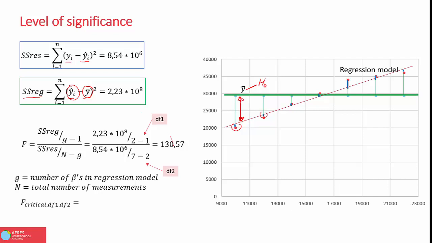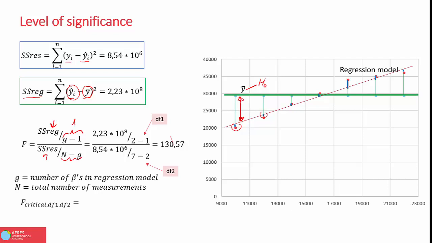Again, a massive number. Now, we're going to use the so-called F statistic here. It's from the analysis of variance. To find that, we have the sum of squares of the regression divided by this term, and all that divided by the sum of squares of the residuals divided by this term over here.